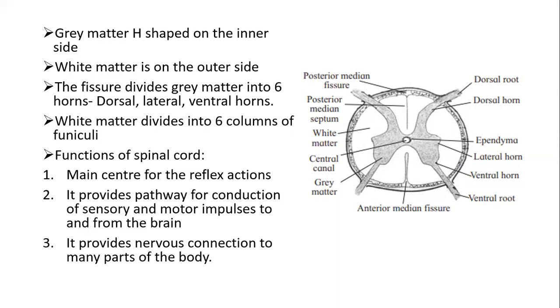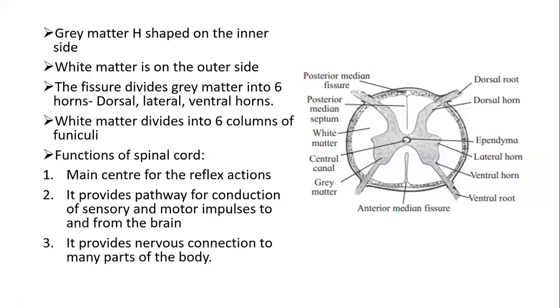The lateral horn have neurons of autonomic nervous system. हे जे lateral horns आहेत, they are having the neurons of autonomic nervous system. The nerves arising from these neurons emerge out from the ventral root of spinal nerves. ते पण कुठून emerge होतात? From the ventral root.